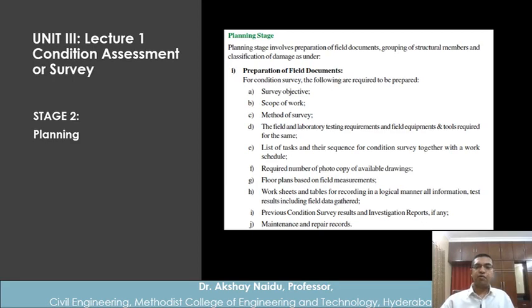So all that has to be mentioned here. Then the field and laboratory testing requirements and field equipment and tools required for the same. So once you write the method of survey, then the testing requirements and everything will come into picture.